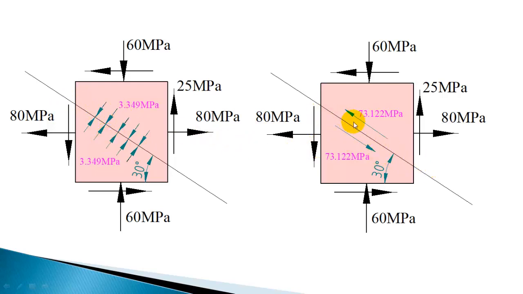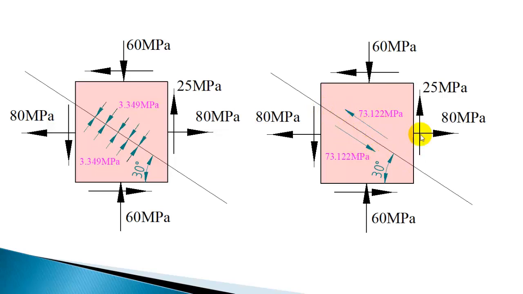Along the plane you have a shearing stress of magnitude 73.122. So it is trying to shear the plane, and it is more than the given shear stress on the element subjected to 25 megapascal. Due to this external loading, the tensile and compressive stresses induce a shear stress on this given plane of 73.122 megapascal.